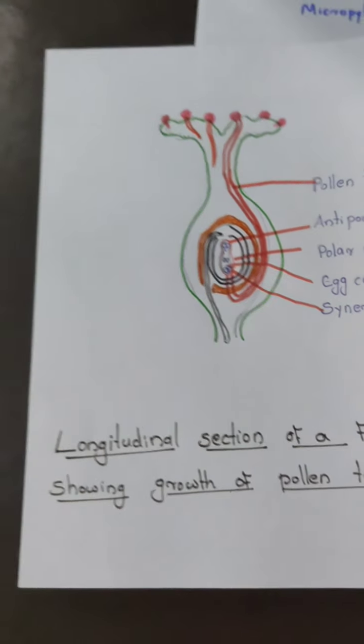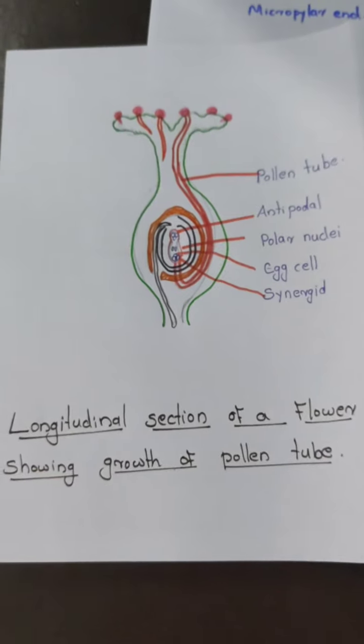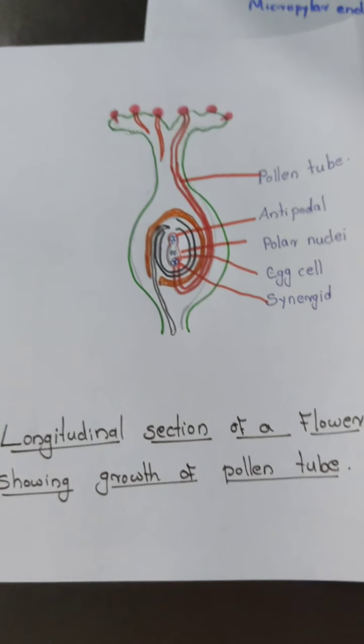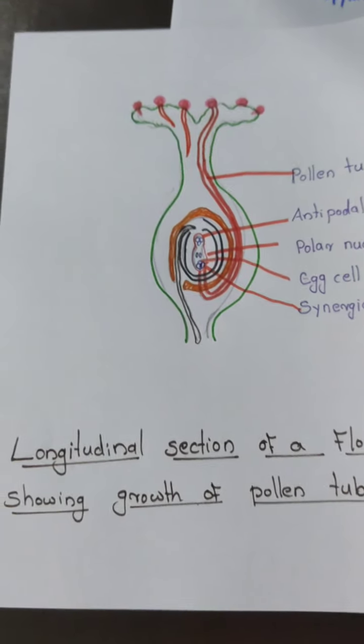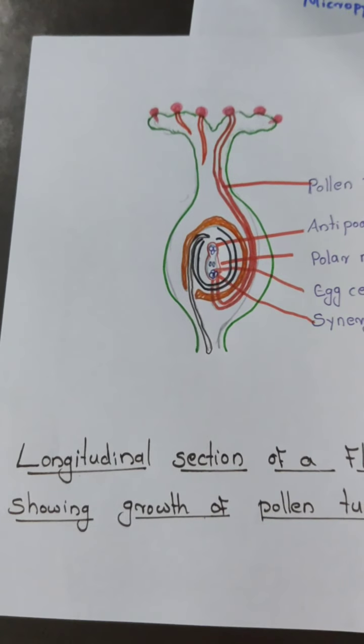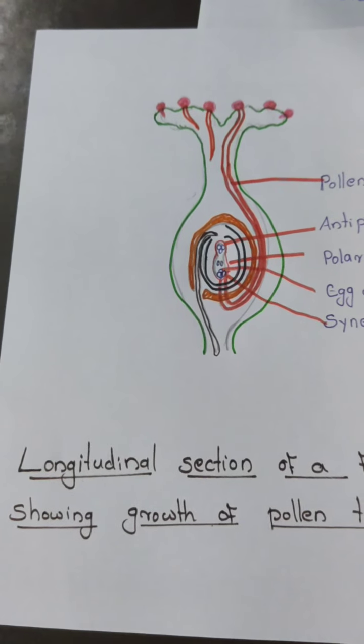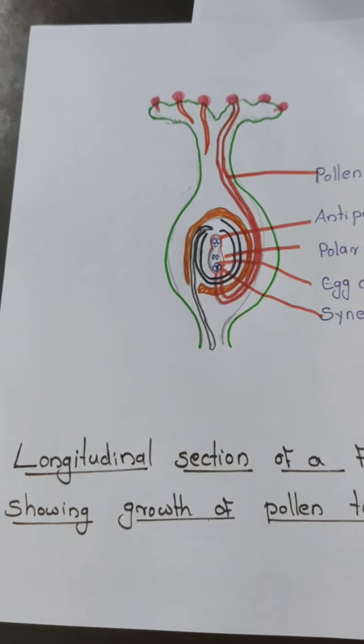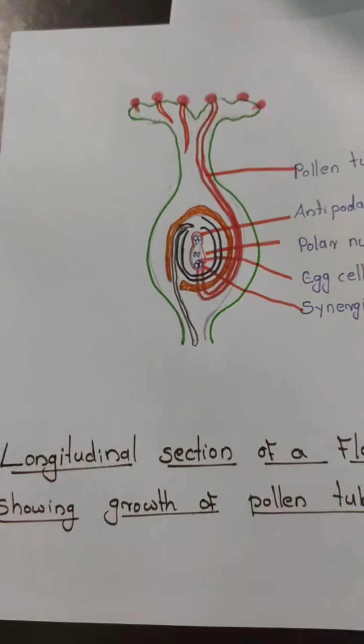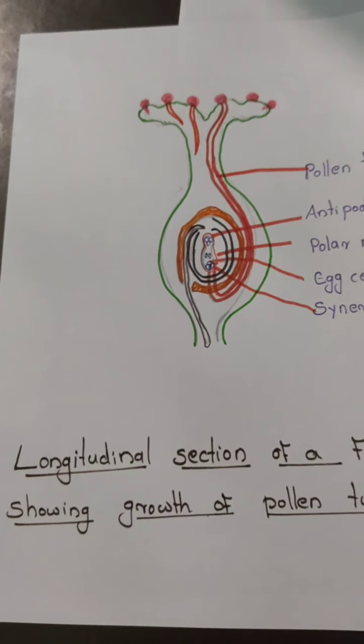This diagram represents the longitudinal section of the flower showing growth of the pollen tube. The pistil has the ability to recognize the pollen, whether it is compatible or incompatible, that is, the right type or the wrong type.